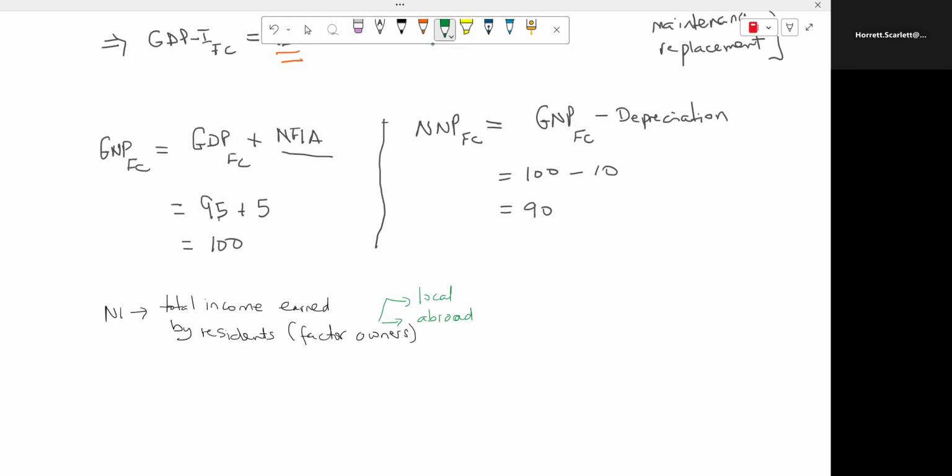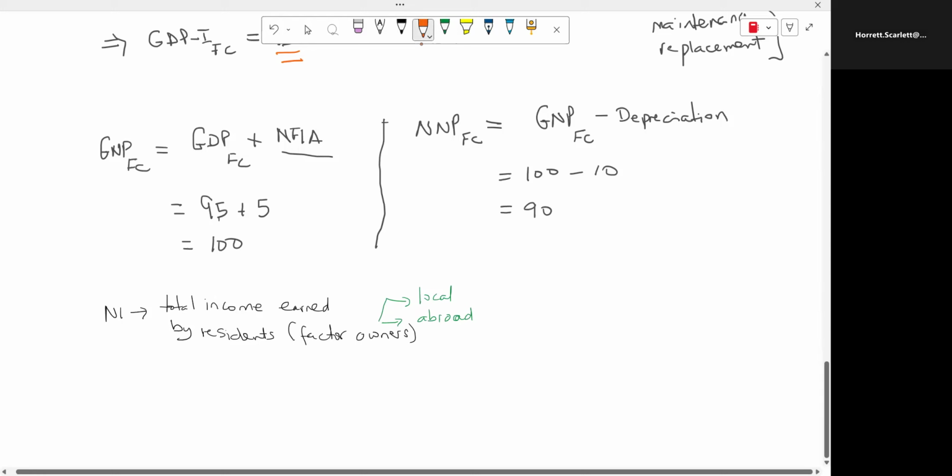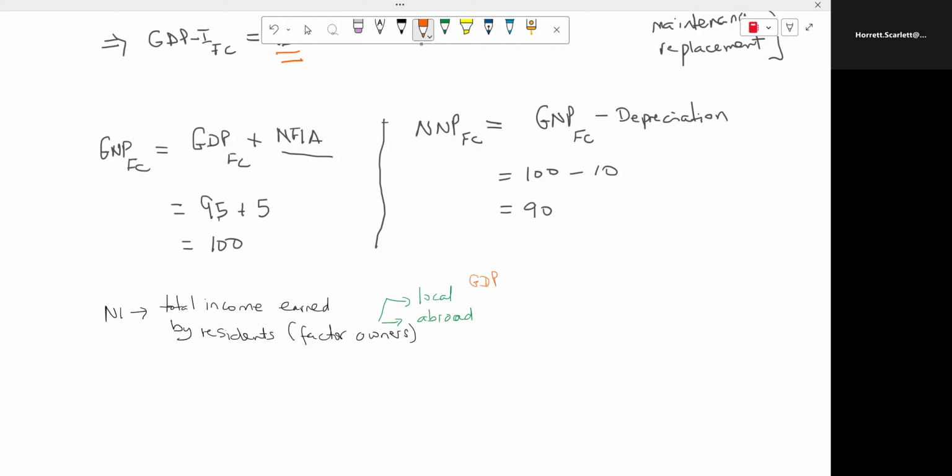Now, GDP, which is calculated by either output or by expenditure, which means the same thing as it's calculated at market price, would account for the income that is earned by the residents who are local.